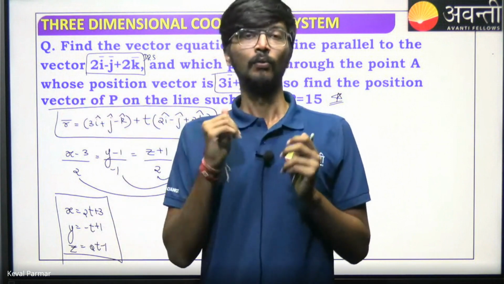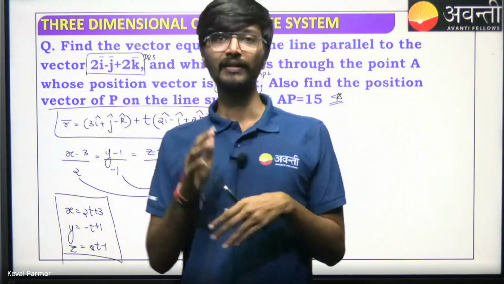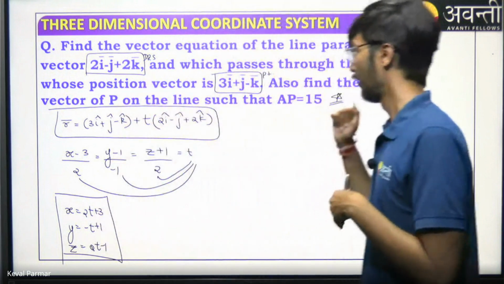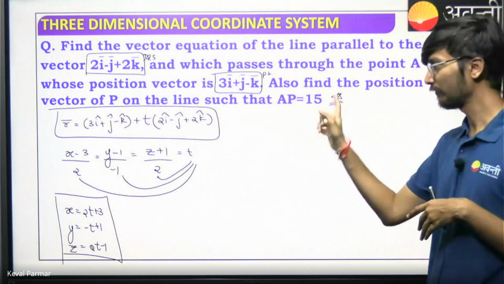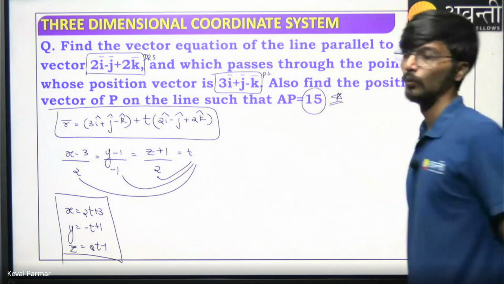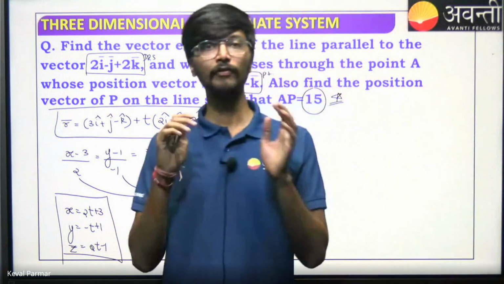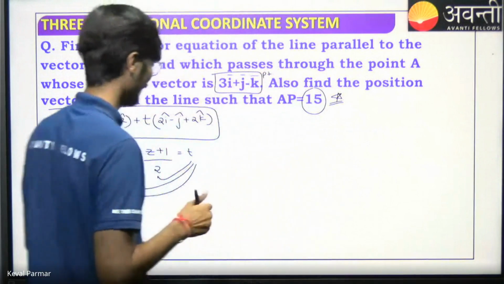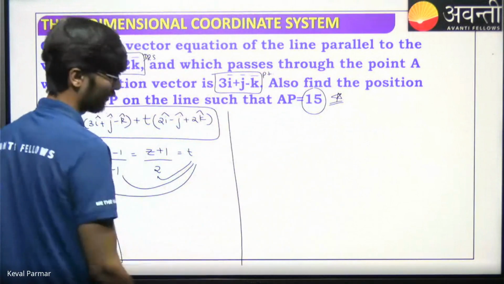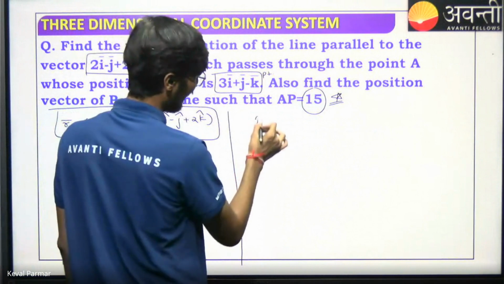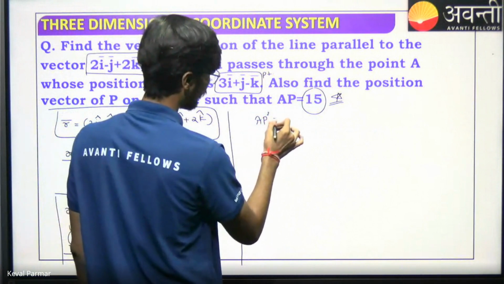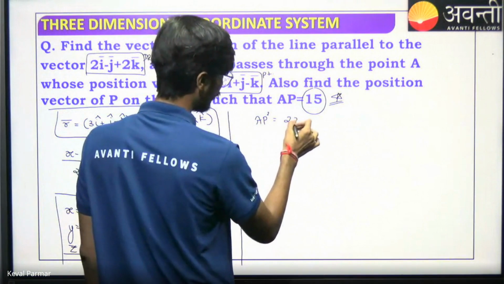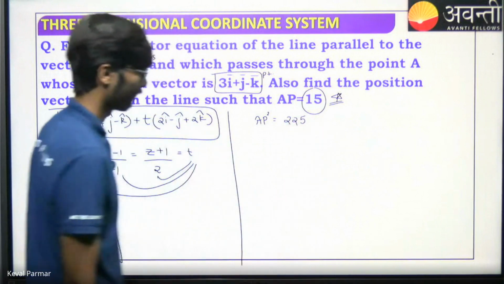Second, we want the point on this straight line which is at a distance of 15. So this is our condition. That is AP is equal to 15. So I can say AP square is equal to 225.